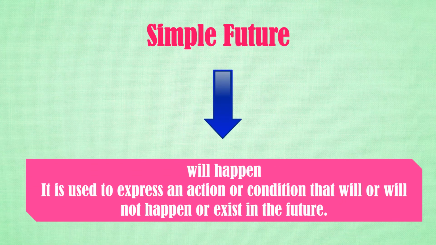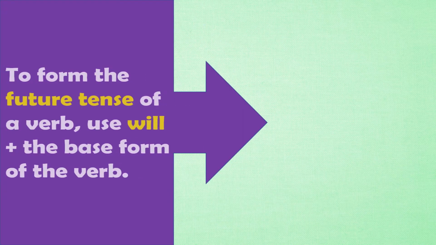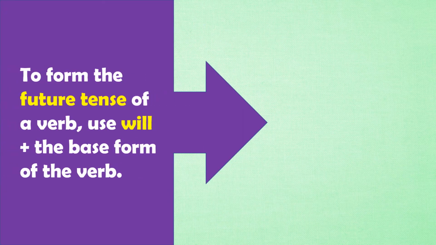Simple future means will happen. It is used to express an action or condition that will or will not happen or exist in the future. To form the future tense of a verb, use will plus the base form of the verb.